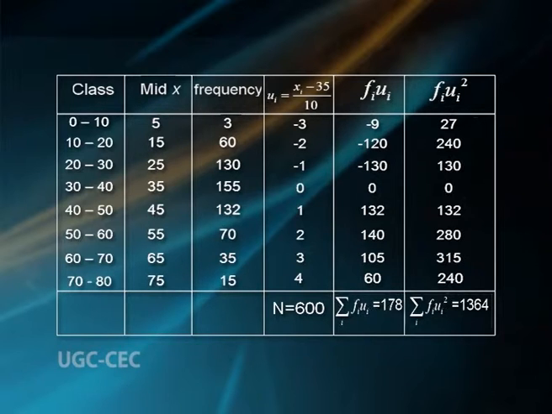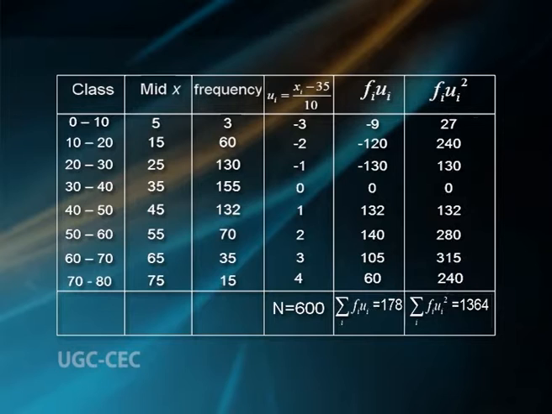Corresponding frequencies 3, 60, 130, 155, 132, 70, 35 and 15. Capital N equal to 600. Here ui equal to xi minus 35 by 10. They are minus 3, minus 2, minus 1, 0, 1, 2, 3 and 4.